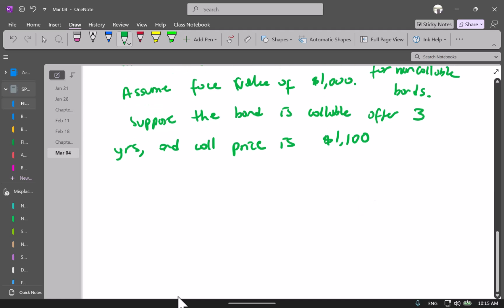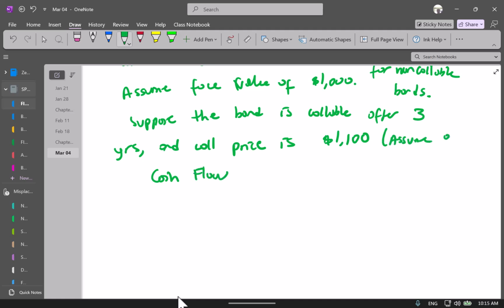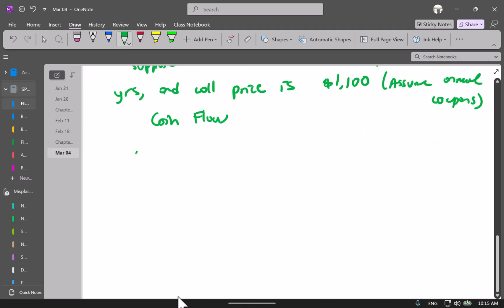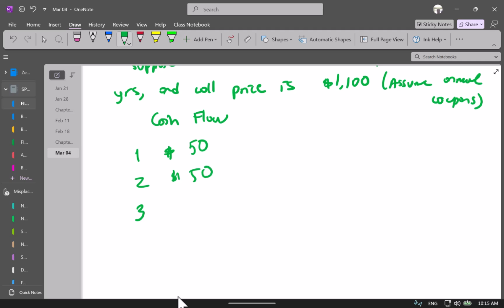Basically, here's the cash flow. Assume annual coupons, just for the hell of it, to make the argument easy. Year 1, 2, 3. Okay, I'm going to get $50 year 1, year 2, $50, year 3, 50 plus the call price, because it's callable for the first time in year 3.